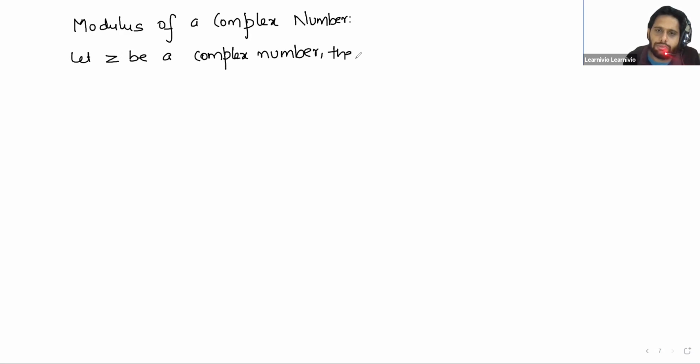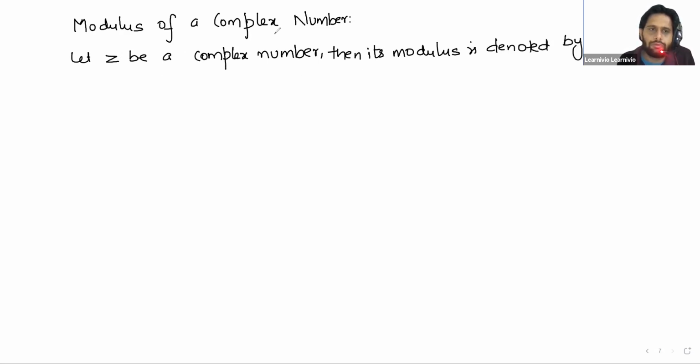Then its modulus is denoted by mod of Z. Let Z is equal to a plus iota b.